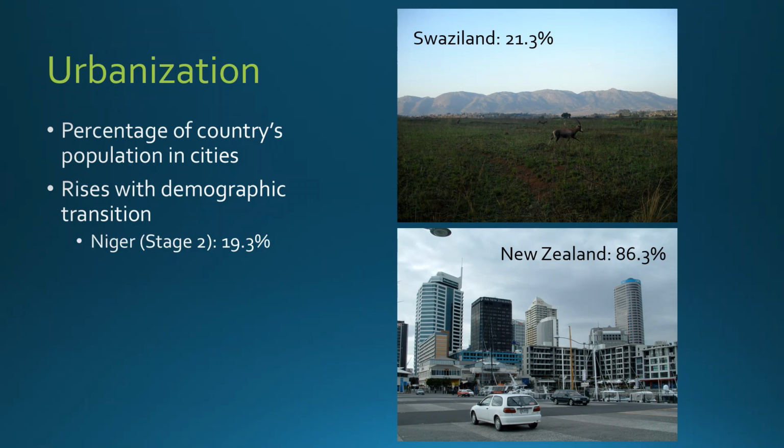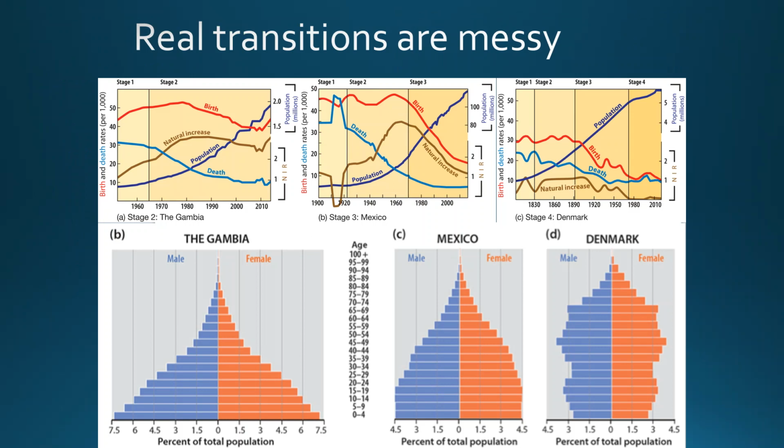So Niger, which is in stage 2, 19.3% urban. China, which is in stage 3, getting increasingly more urban, 57.9% urban. Belgium, which is in stage 4, almost 98% urban. And these real transitions are messy, right?